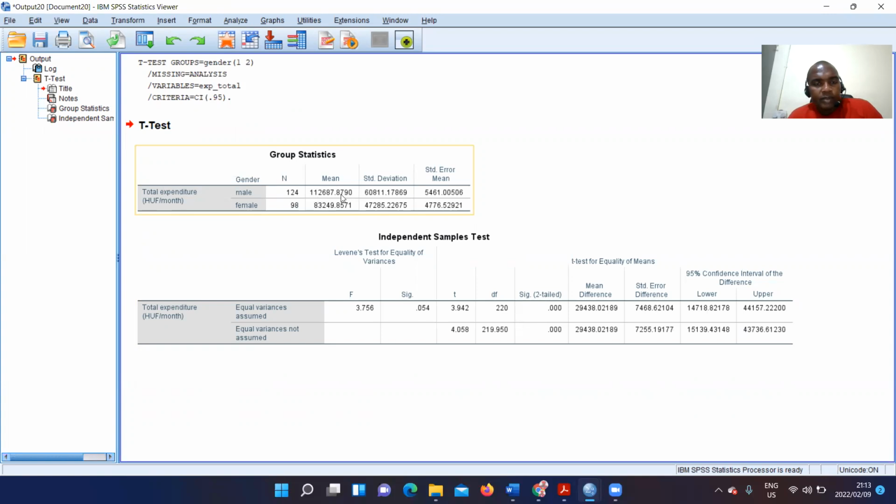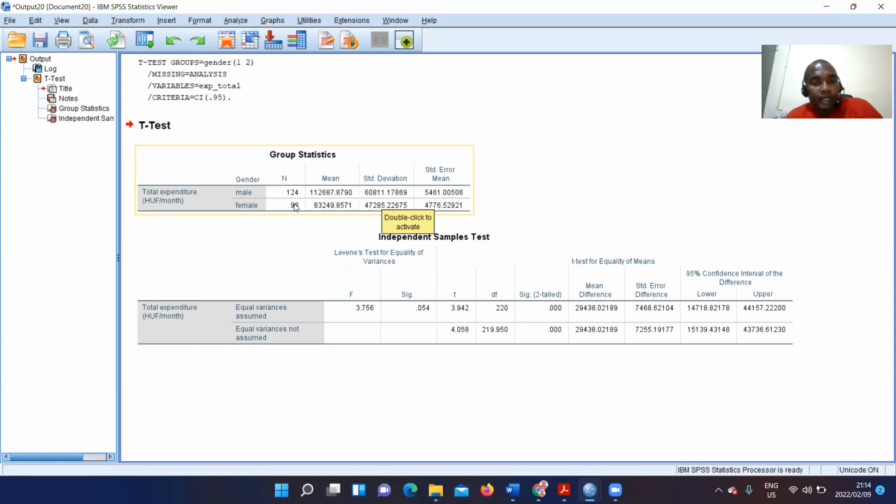The arithmetic mean expenditure for men is 112,687.879 Hungarian forint, with a standard deviation of 60,811.179 Hungarian forint. And the standard error of the mean is 5,461.